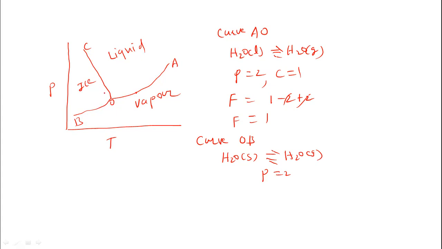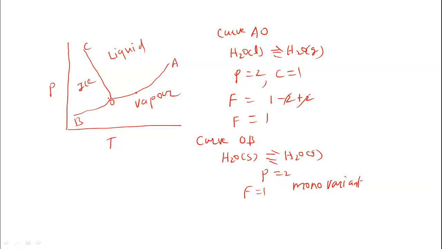This curve is called the fusion curve because liquid is converted to ice, or the melting point curve. So on every curve, there are two phases existing in equilibrium. So F is equal to 1, and the system is monovariant or univariant. So this is about the curves.